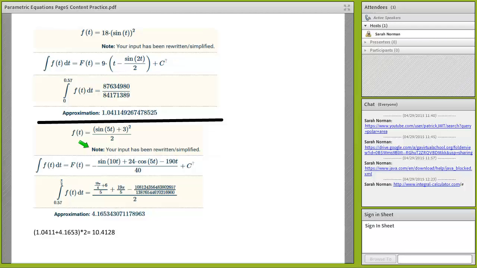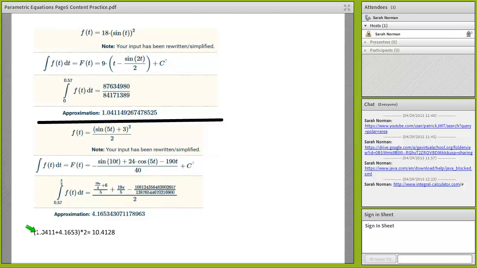Again, it simplified what I put in, which was 1/2 times f of x squared, found the integral, and used the boundaries to calculate the approximation, which was 4.1653.